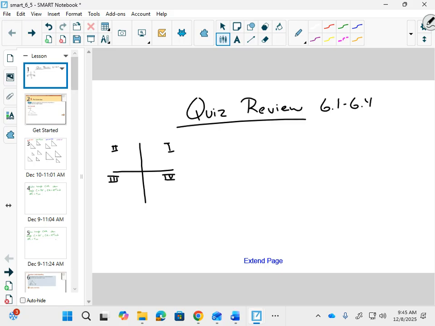And if I would pick one of them at random, and I would say quadrant 3, could you tell me which trig ratio is positive in quadrant 3? Tan is the one that's positive in quadrant 3, which means that sine and cosine are negative in quadrant 3. How do we know this?